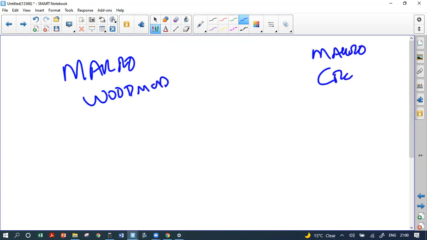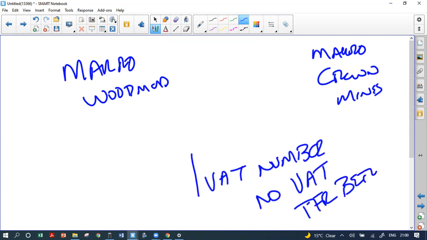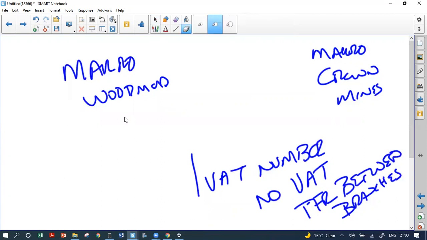Now, guys, if there is one VAT number for all Macro branches, there is no VAT when you transfer between branches. Why? Because you cannot sell to yourself. Pure and simple.